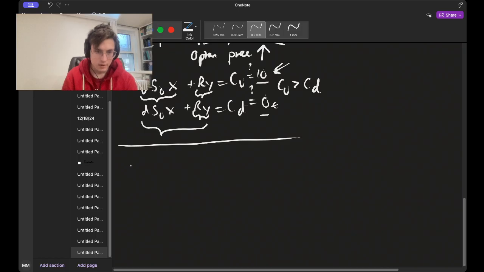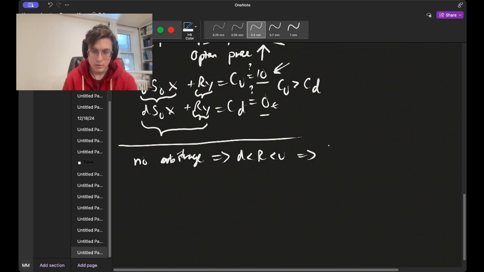Okay, finally, we're going to talk about this. So this is what we proved in this one period binomial model: because there was no arbitrage, d is less than r is less than u, and from there we derived risk neutral probabilities.